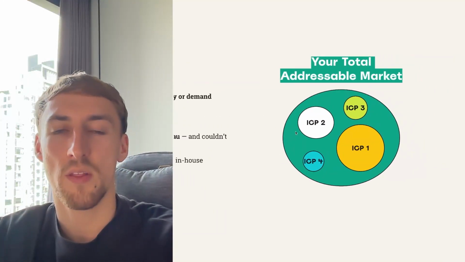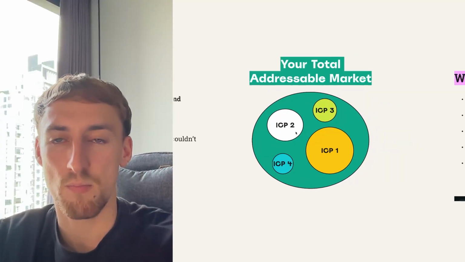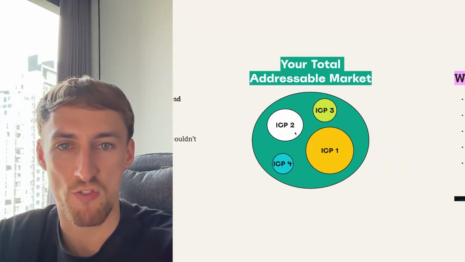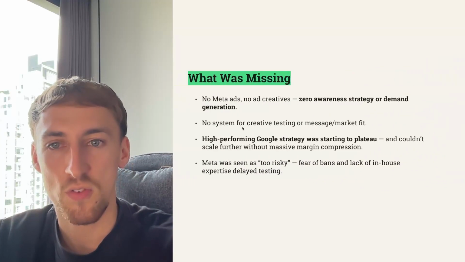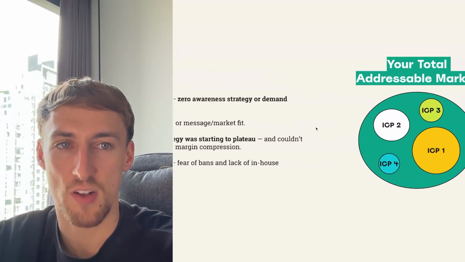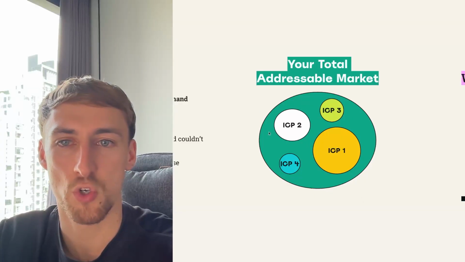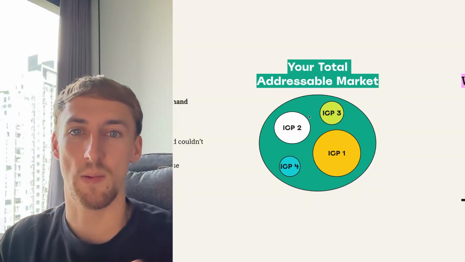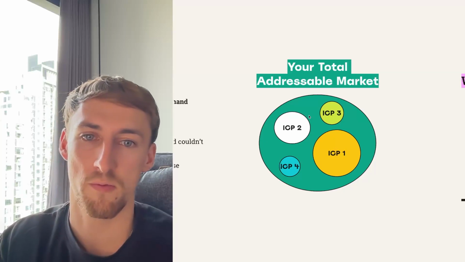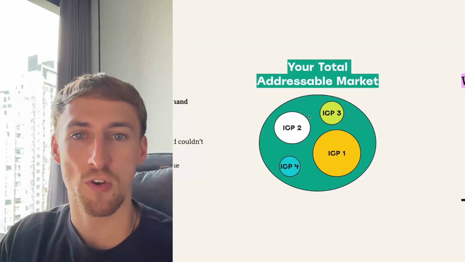Now I want to look at this, and it helps break down what we really tried to do here, because you can see they had no system for creative testing or message/market fit. Now that's important because you've got your whole total addressable market. So this is pretty much your whole customer base who is going to be buying that specific product or buying from your brand. Within that, there's different niches of your customer.